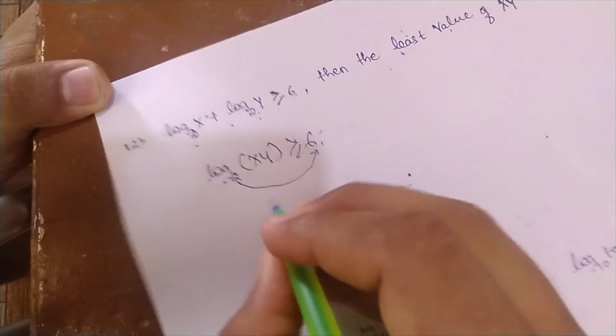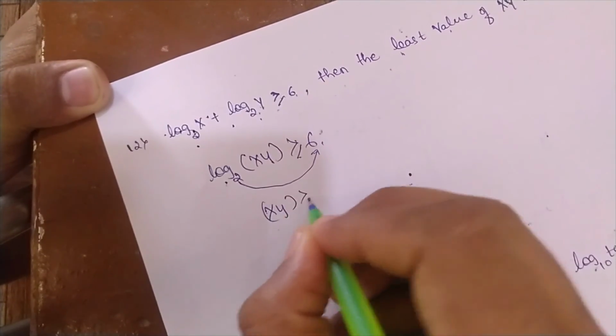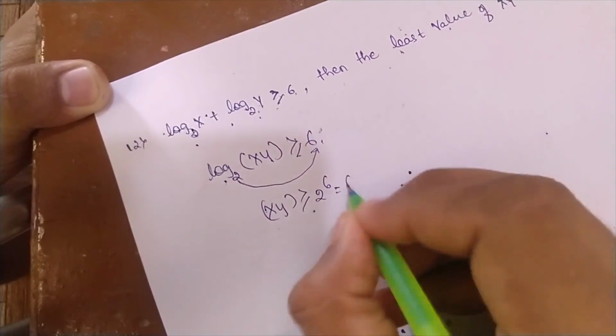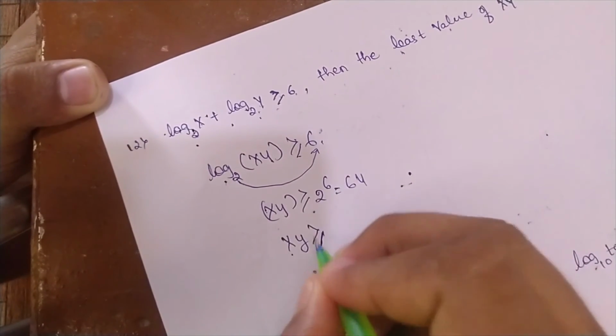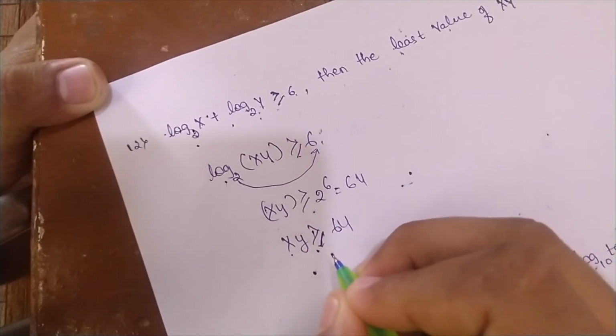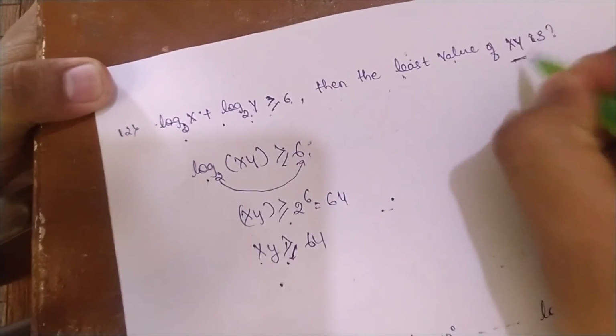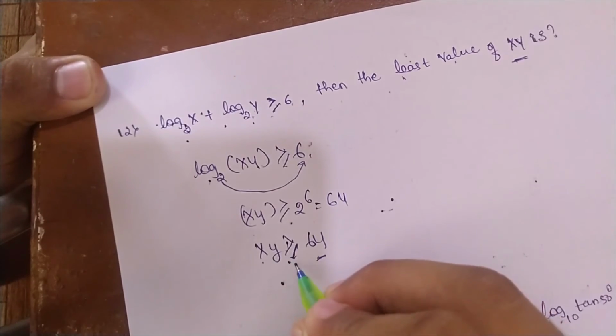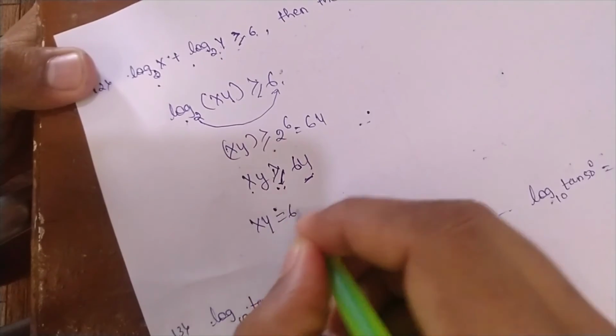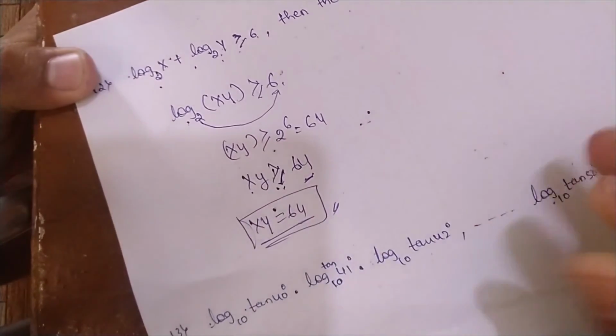So take this 2 to this side, so xy must be greater than or equal to 2 power 6, which is equal to 64. So the least value of xy is 64. It must be greater than, or at least it can equal 64. So that's the answer for this question.